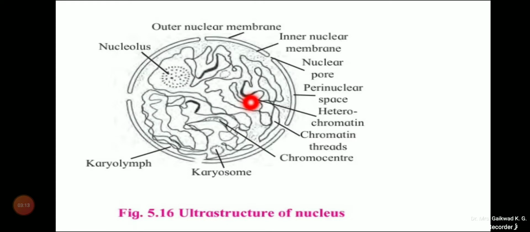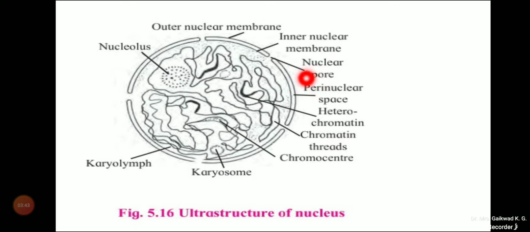However, the nuclear membrane is not continuous. We can see here that the nuclear membrane is interrupted at regular intervals, and the places where small openings are there are called the nuclear pores, or nucleopores.